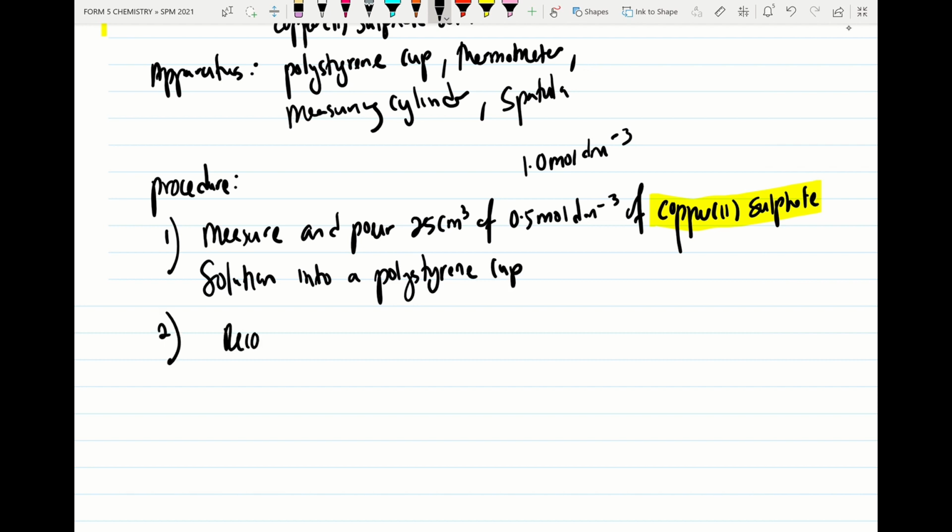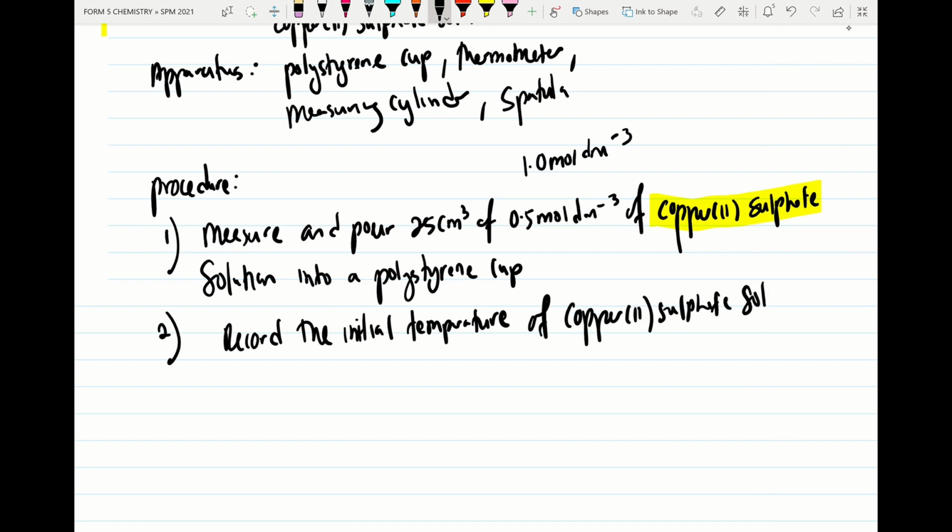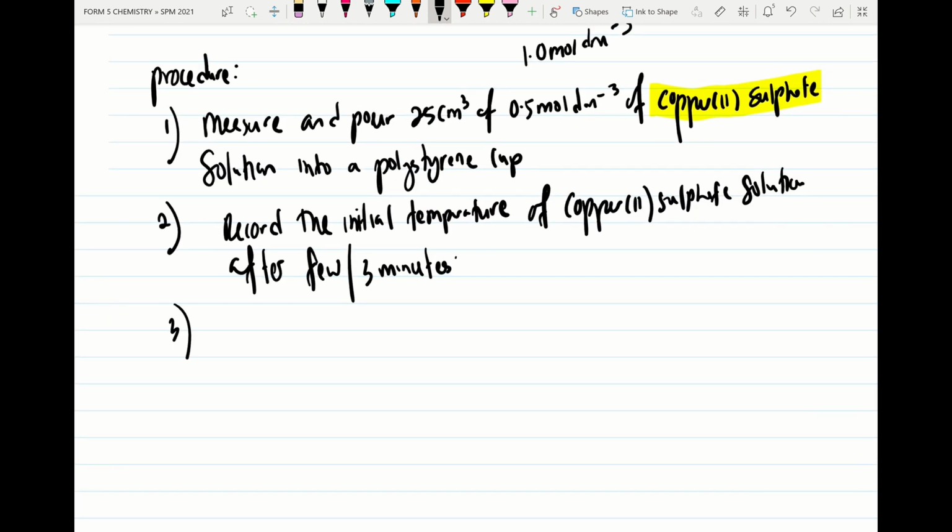So we record the initial temperature. Record the initial temperature of copper 2 sulfate solution. So we put here copper 2 sulfate solution. Please put it after 2 or 3 minutes, up to the students. So we put here point number 3. Point number 3, we add one spatula of zinc.